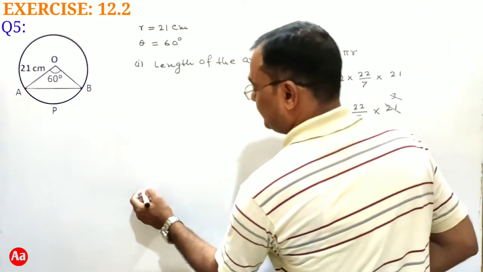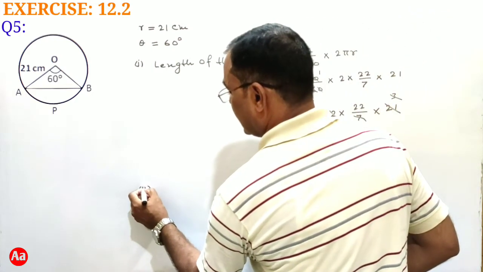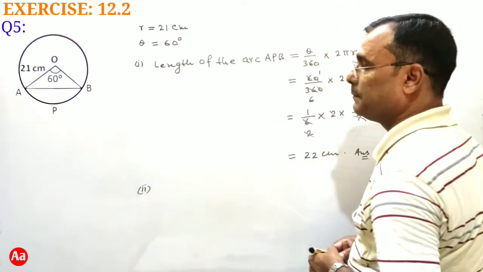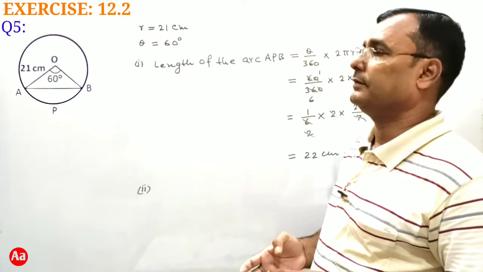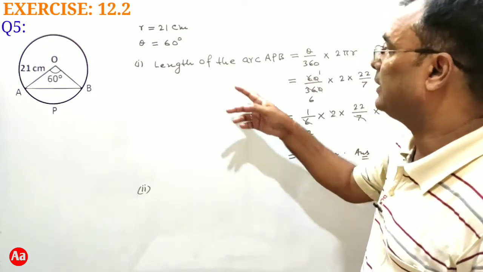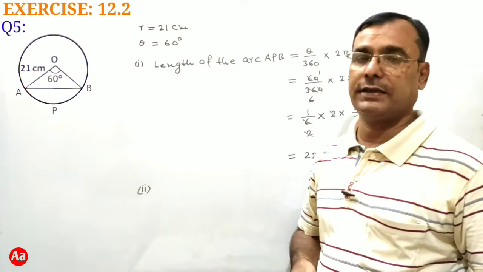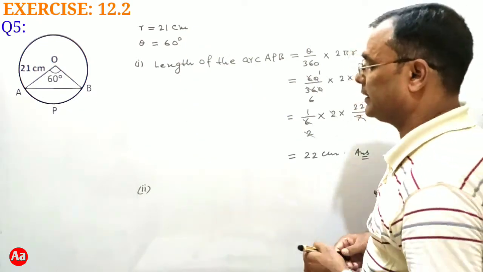Second part. In the second part we have to find the area of the sector OAPB. Sector angle 60 degrees, radius of the sector 21 centimeter.